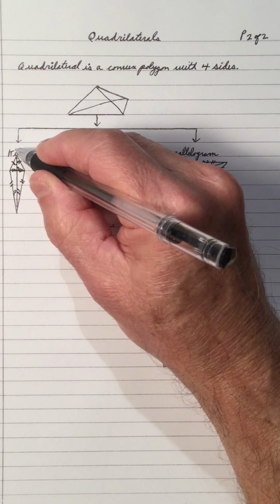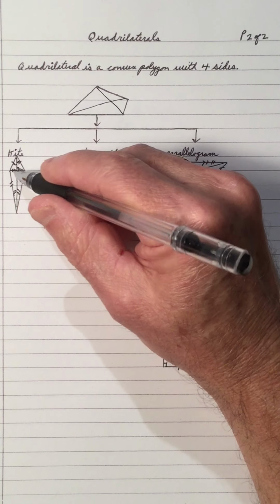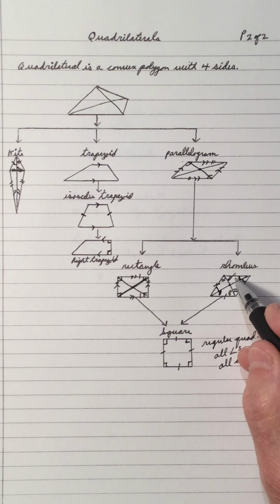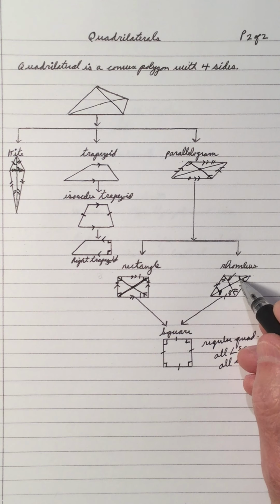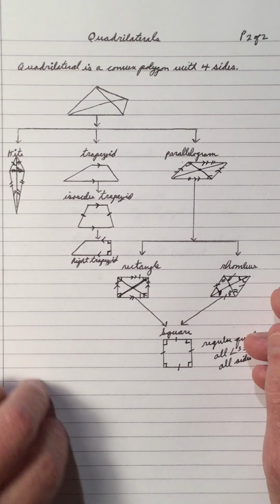So a kite has two pairs of adjacent sides equal with no parallel sides. That's why a rhombus is not a kite, because a rhombus has parallel sides.